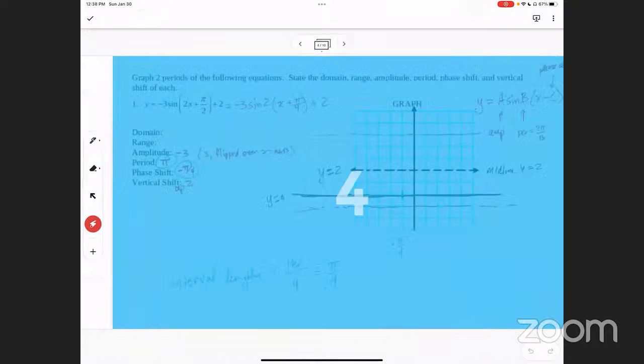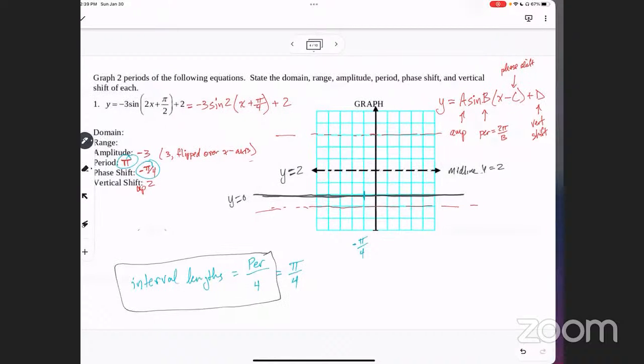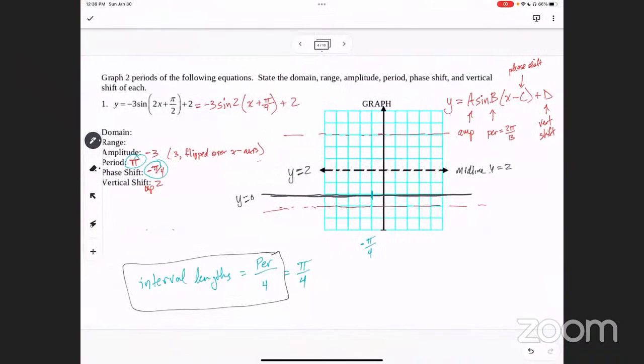Okay. This is the hardest part of graphing sine and cosine functions, labeling your intervals on the x-axis. You find your interval lengths by using this little formula. In our case, the period is pi, and divided by 4 would be pi over 4. And then to find out what your intervals are, here's what you do.